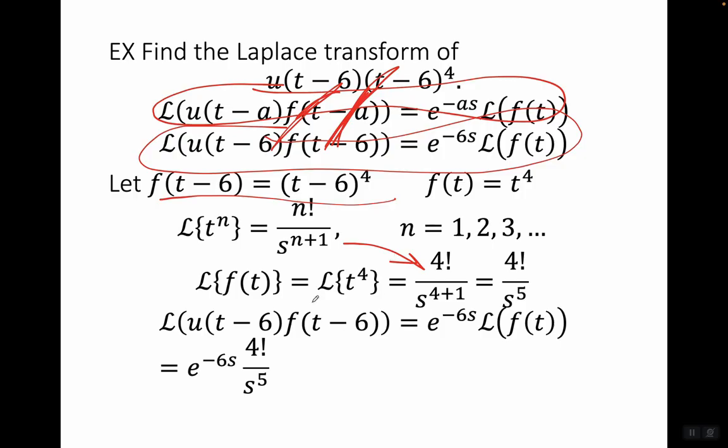So let's put all the pieces together. The Laplace transform of u of t minus 6, f of t minus 6, based on the formula we saw earlier, is e to the negative 6s times the Laplace transform of f of t. In this particular case, the Laplace transform of f of t is 4 factorial over s to the 5th. So the Laplace transform of this function is e to the negative 6s times 4 factorial over s to the 5th.